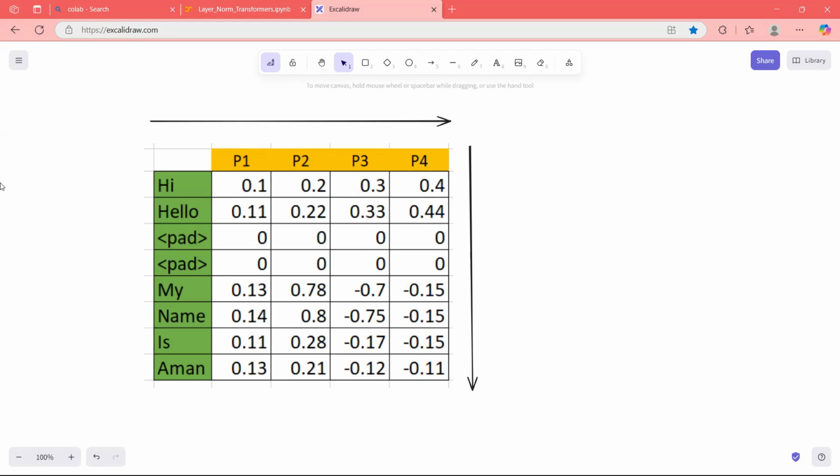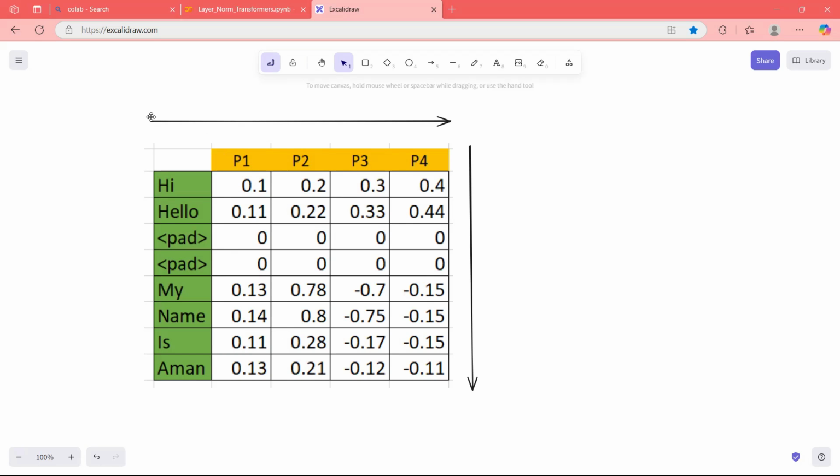See this arrow here. P1 is one feature. So if you normalize like this, then 0.1, 0.11, 0.13, 0.14, 0.11, 0.13. You will normalize like this.